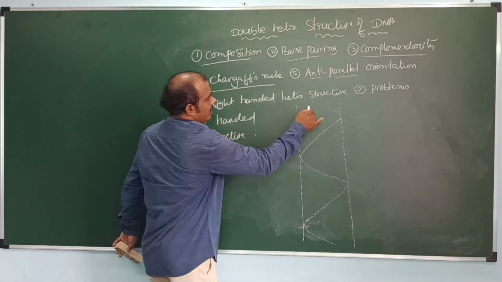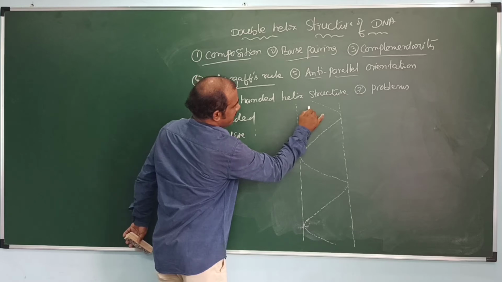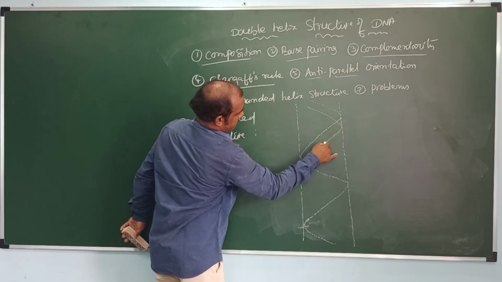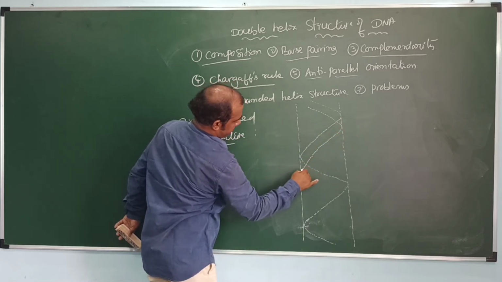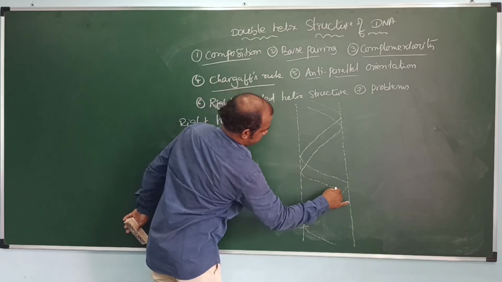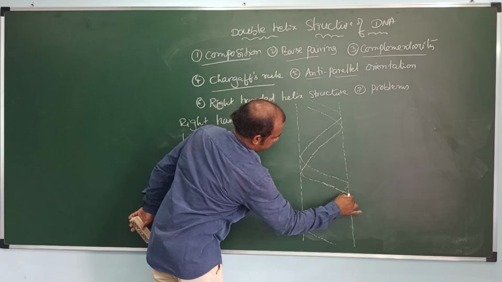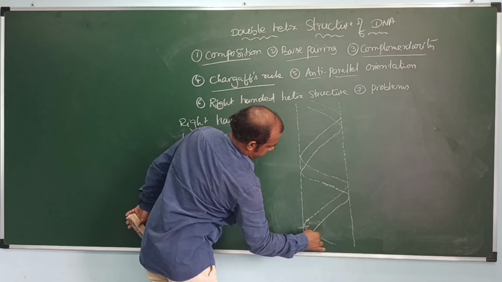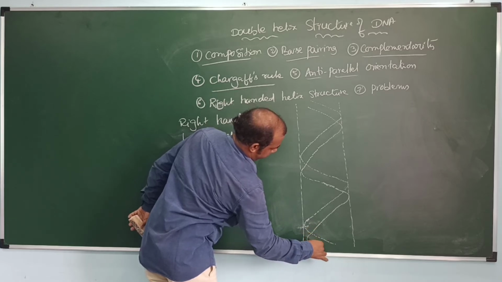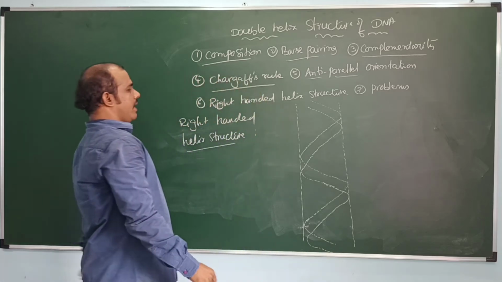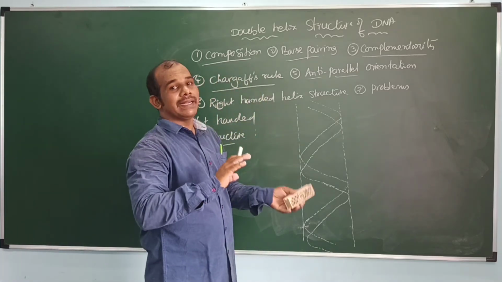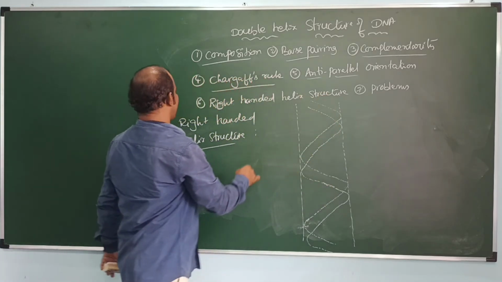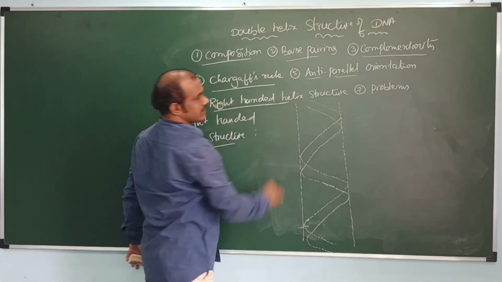Two strands run parallel to each other. And they will be coiled or twisted in right-handed fashion to form a helix-like structure, which is called right-handed helix.